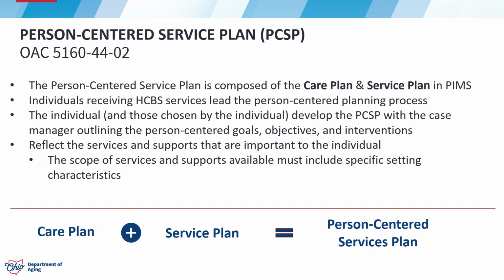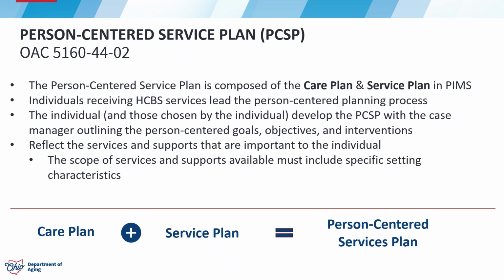Another requirement is that the plan contain particular components or reflect the particular services and supports that are important to that individual to ensure that they are meeting their social needs, their clinical needs, support needs, etc. The plan needs to reflect the strengths and preferences of the individual.